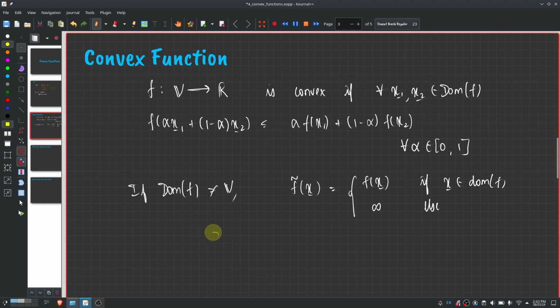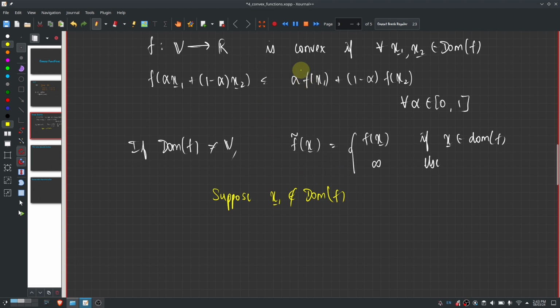So suppose, let's say x1 does not lie in the domain of f. Okay, if both x1 and x2 are outside the domain, then anyway both the left hand side and the right hand side would be infinity, because any convex combination would also be. So even otherwise, let's suppose that x1 is not in the domain of f without loss of generality.